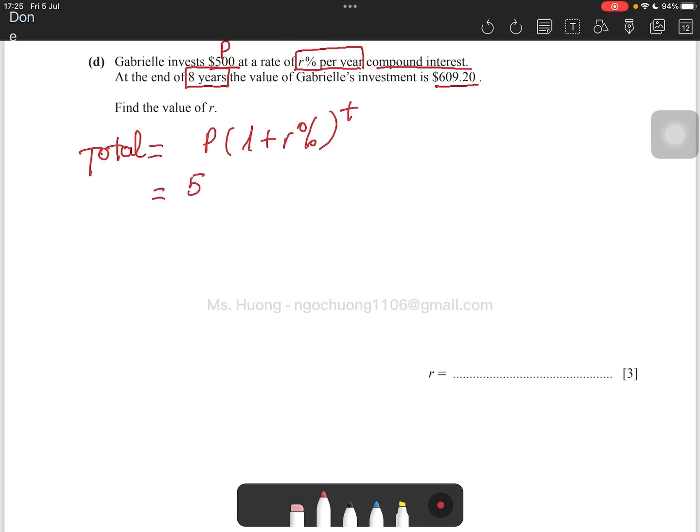P is $500 and the interest rate is the unknown value. T is 8 years. And this amount is $609.20. And now we need to solve for R.